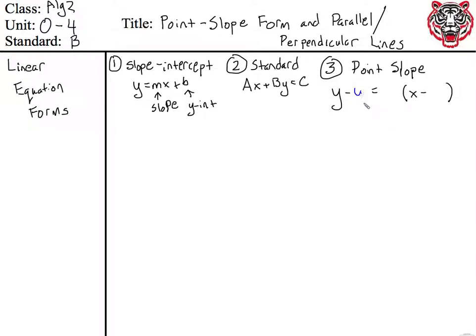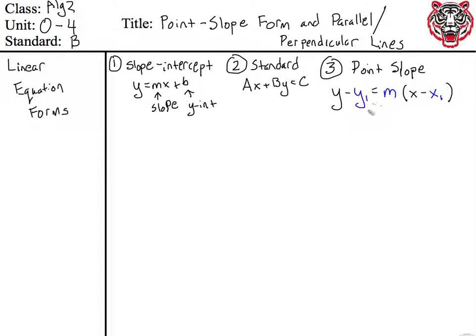This is going to be y minus y1 equals, and then I'm going to call this guy my slope m, and x1. Notice that this is called point slope because I have a point and a slope. x1 comma y1 is a point and the slope is m.